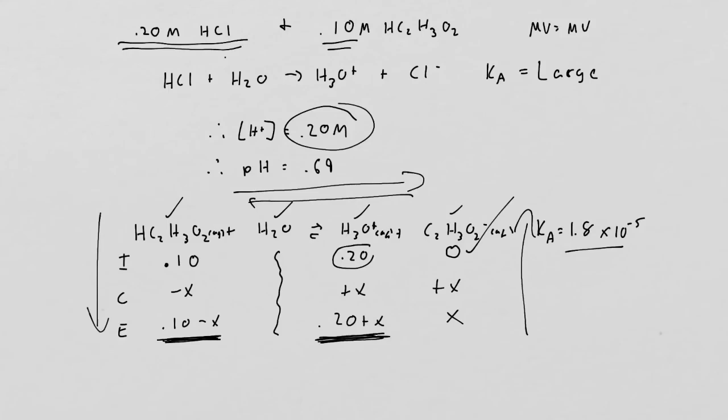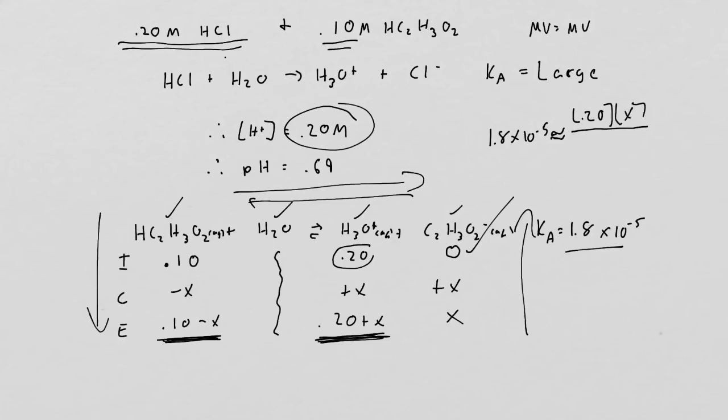All right. So what do we have in the end here? Let me write this down. I'm going to write it out over here because I'm running out of space. So we have 1.8 times 10 to the minus 5, and again, it's approximately equal, so I'm not going to write that because I'm short on space. So I'll do the substitutions in now. On the top here we have the 0.20, that's our H3O plus.